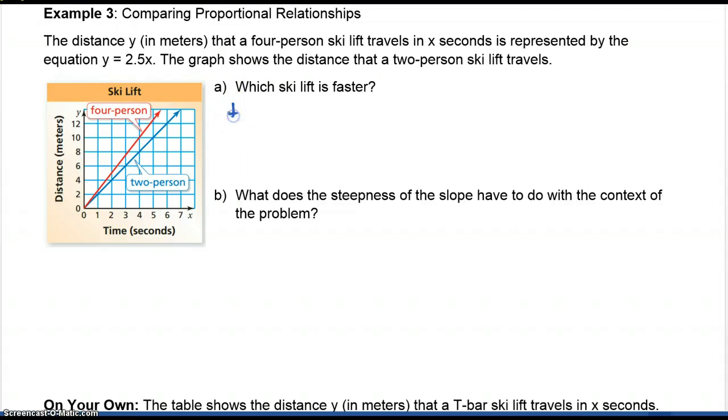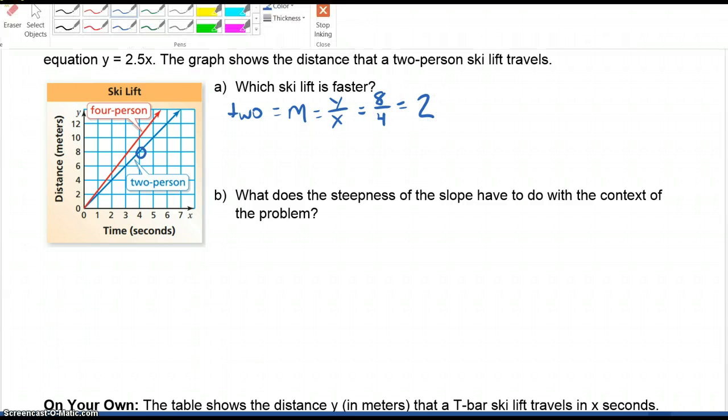So the 2-person slope is going to, again, be the y over the x. So we want to pick a point. Okay, so on this 2-person, and I'm using blue, pick one of these points, like here. What is the y at this point? It is 8. What is the x at this point? It is 4. Okay, 8 divided by 4 is 2.